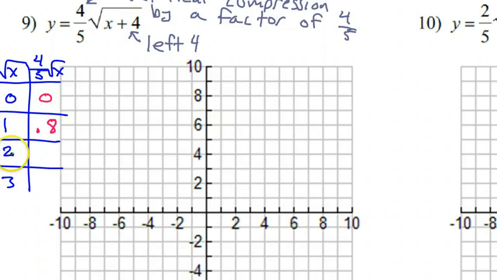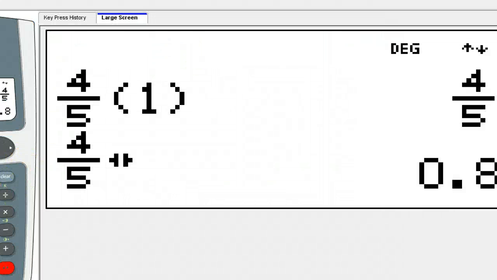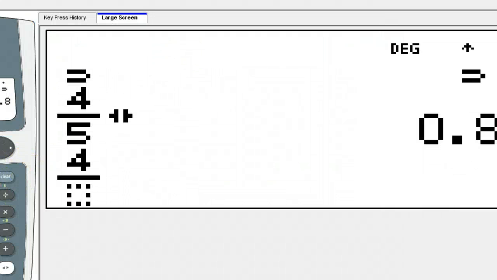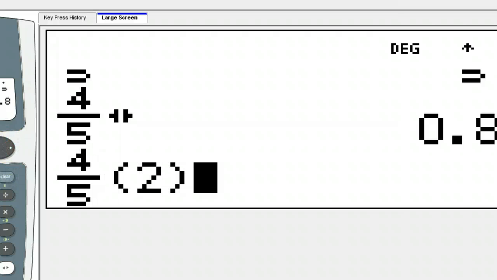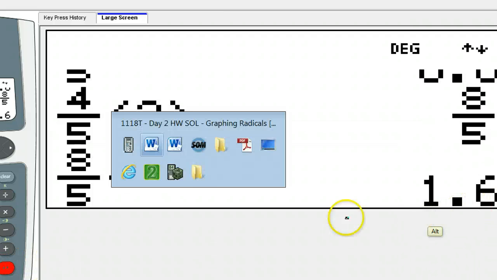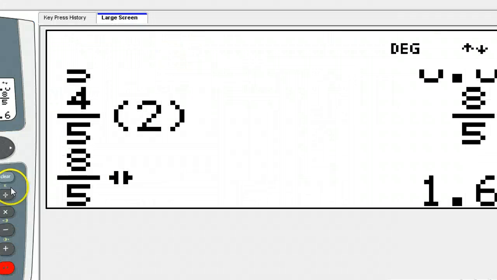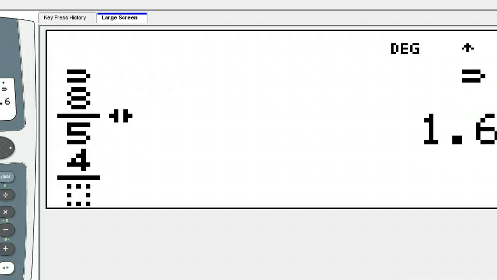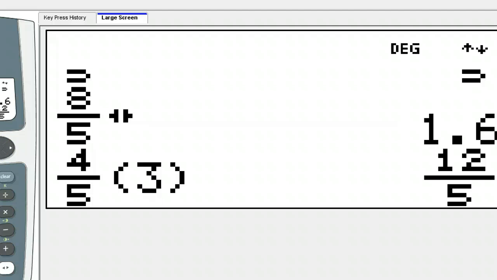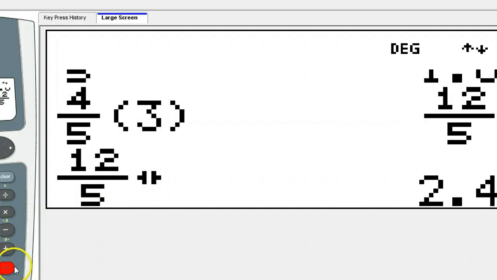Now let's do 4/5 of 2. That's going to be 1.6. And 4/5 of 3. That is 2.4.